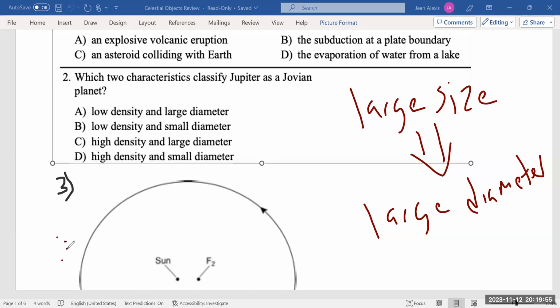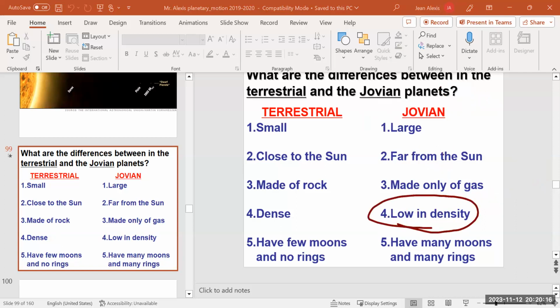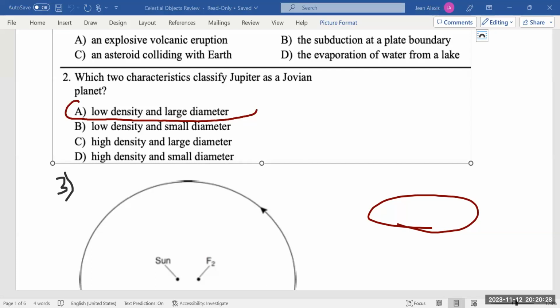And as we just saw on the PowerPoint, Jovian planets are low in density. Because they're low in density, that's also going to help us with our problem. So low in density and large diameter gives you choice A.